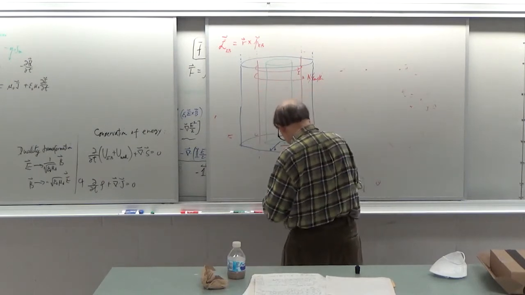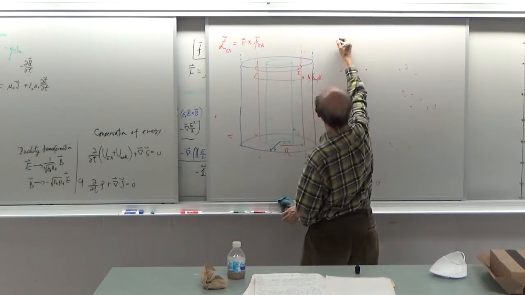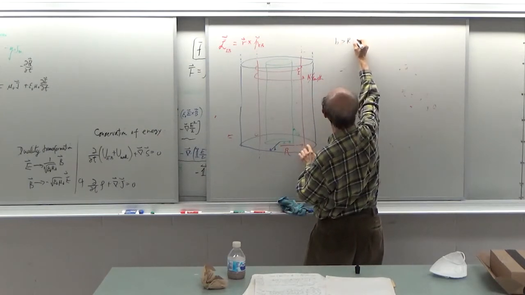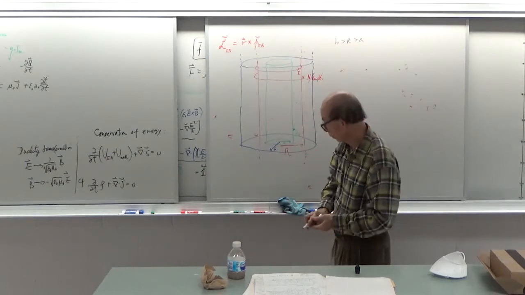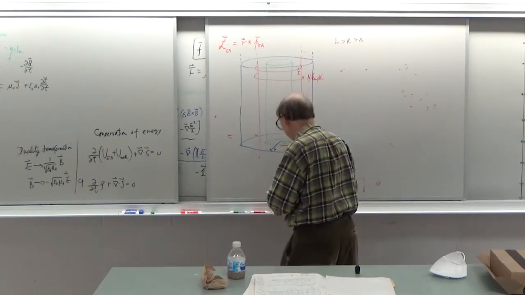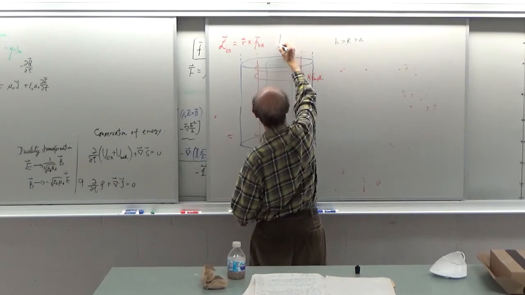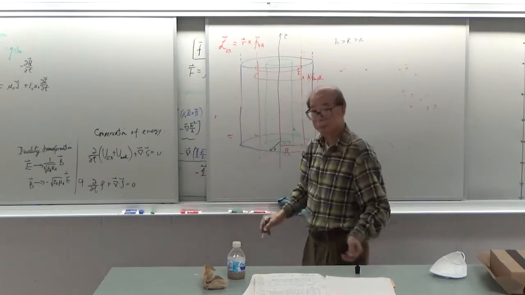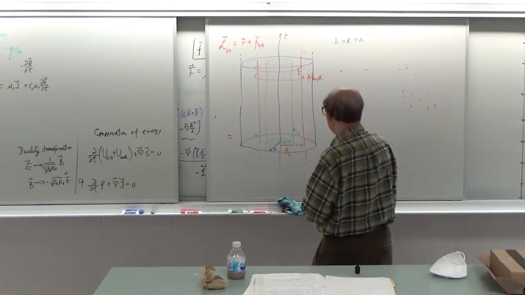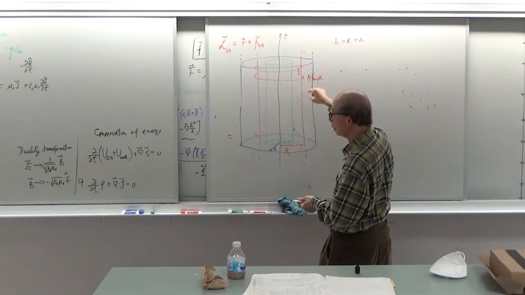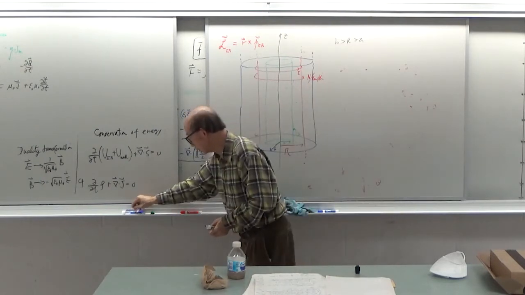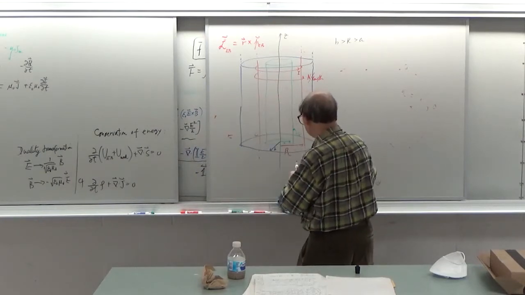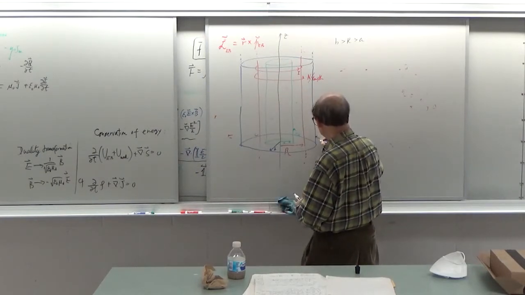So in this example, b is greater than R is greater than a. And we will draw the z-axis. On the outer cylindrical shell, let's say there's a uniform distribution of charge, with total charge minus Q.